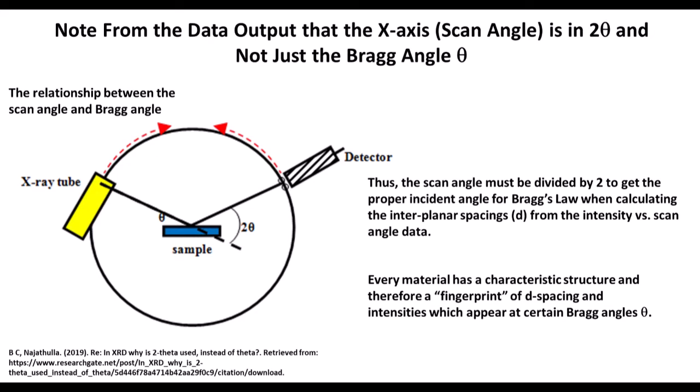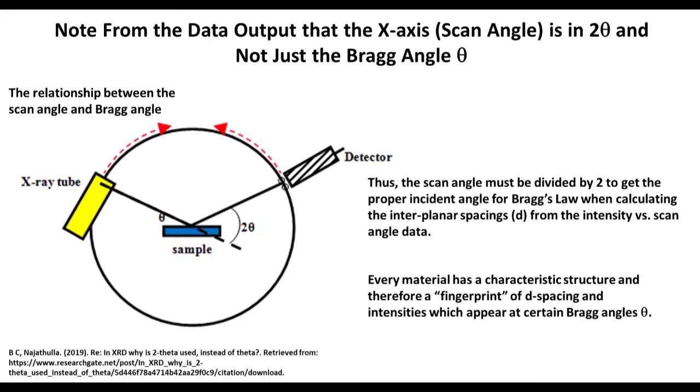The X-ray tube emits an X-ray beam that impinges on the sample at some angle theta. And if we use the geometry previously described, then the detector is measuring that diffracted X-ray beam at an angle that would be equal to 2 theta.